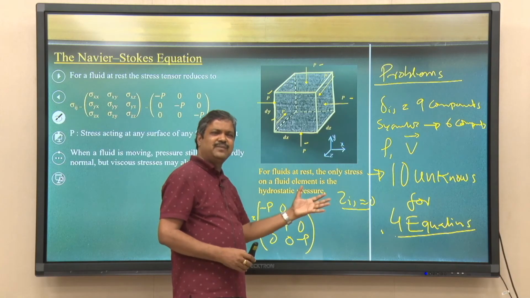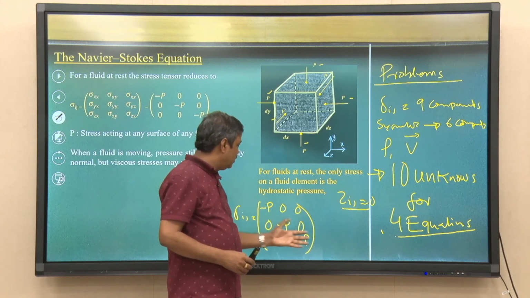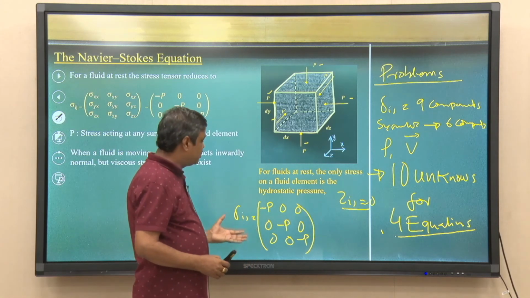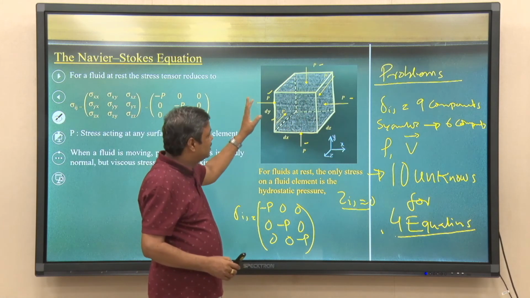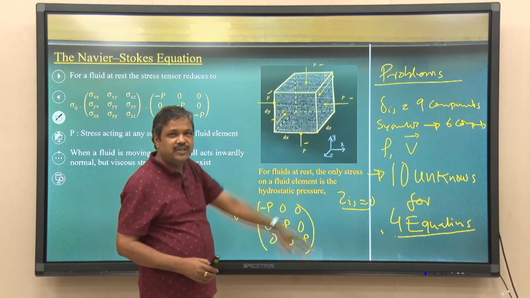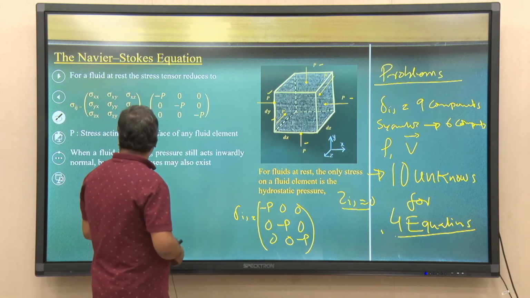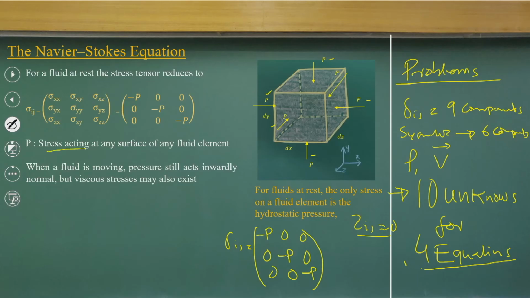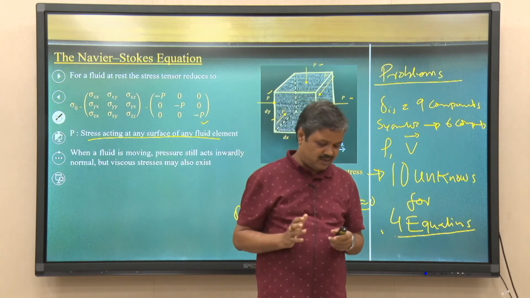That is the basic definition of the fluid at rest condition. When the shear stress is 0, the stress tensor is a function of pressure only. The negative sign is used because the stress and P are in opposite directions, which is the reason we used the minus P component. That is how the basic concept started: we can split the stress into 2 components, one having the pressure and another having the shear stress component.